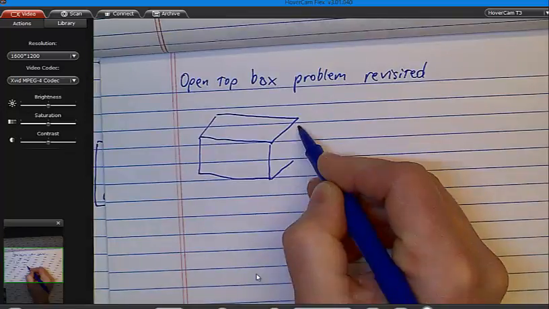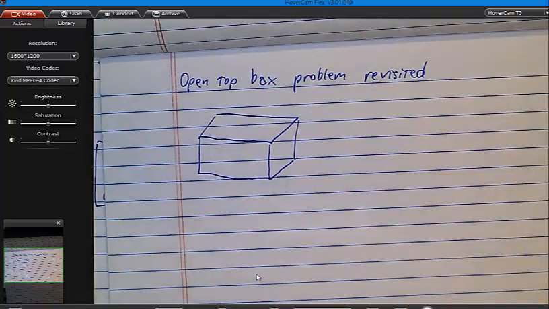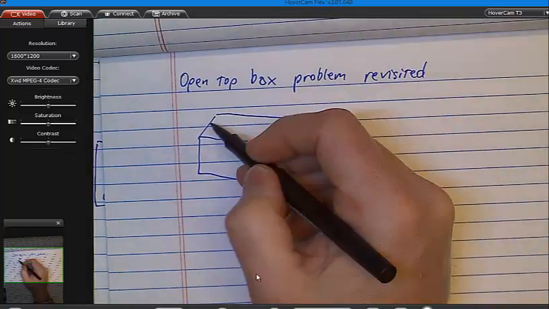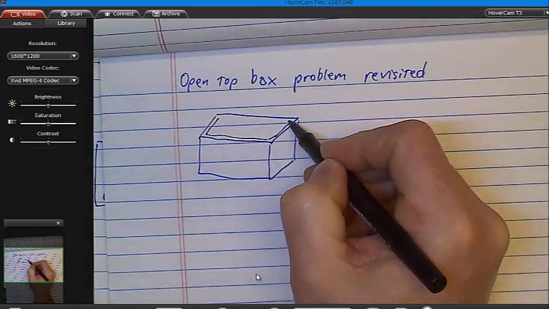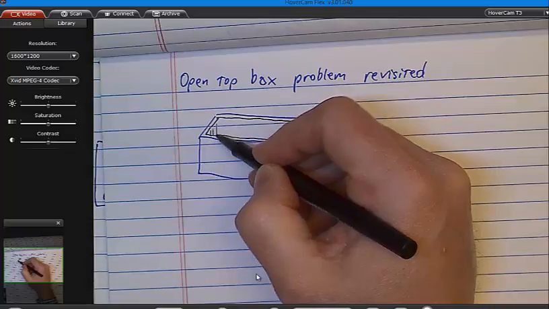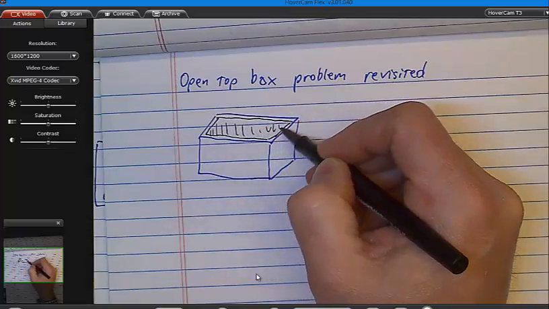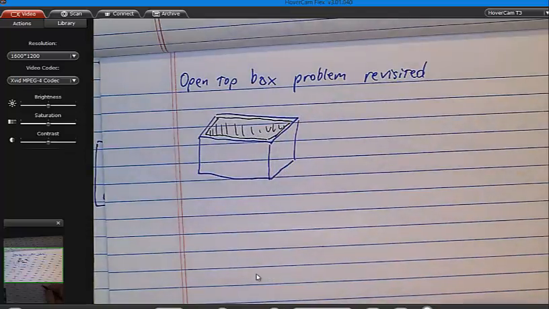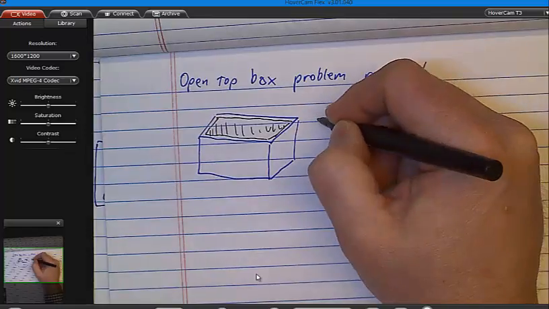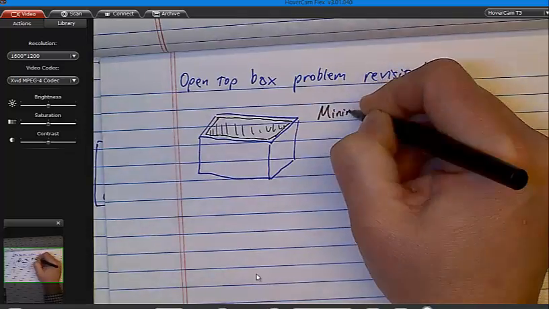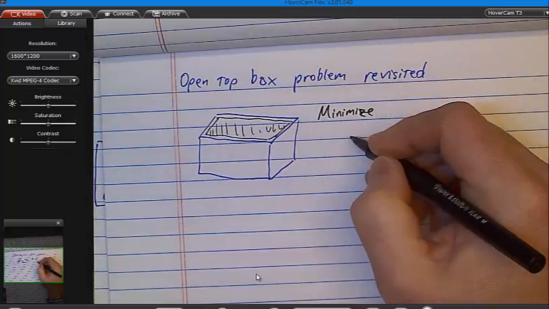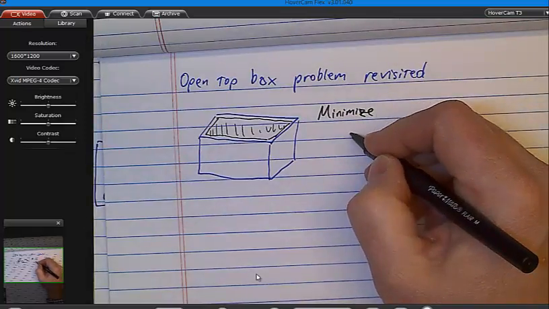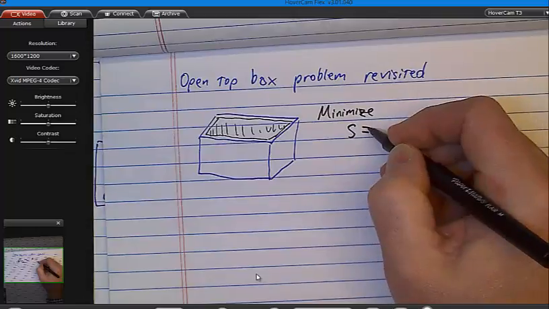So let me draw the box, and let me put that hole in there again. Okay. So again, it was open, right? And so there it is. And so the problem was to minimize the surface area, which we just called S. S equals what?